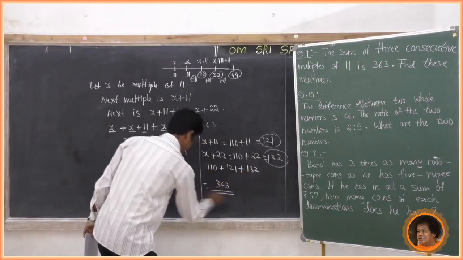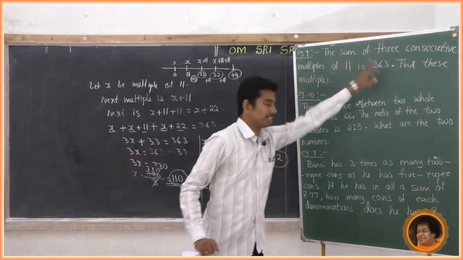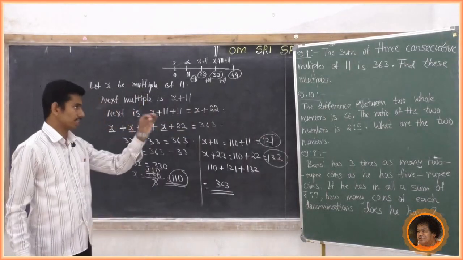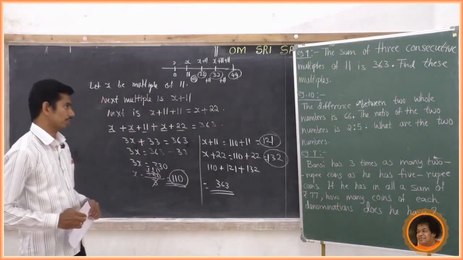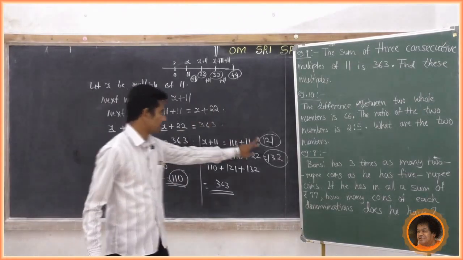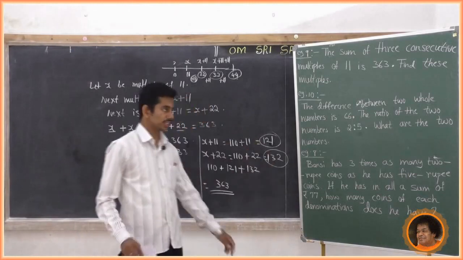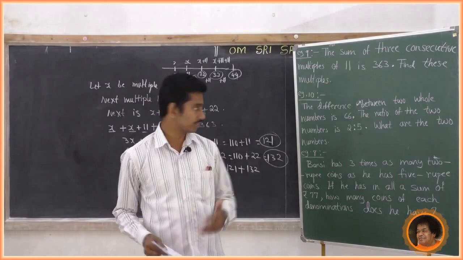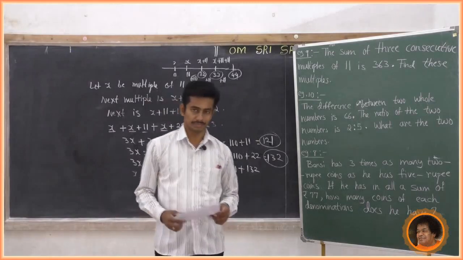So we get 363. Then the answer is correct. From that we conclude that the three consecutive multiples of 11 whose sum is 363 are 110, 121 and 132.